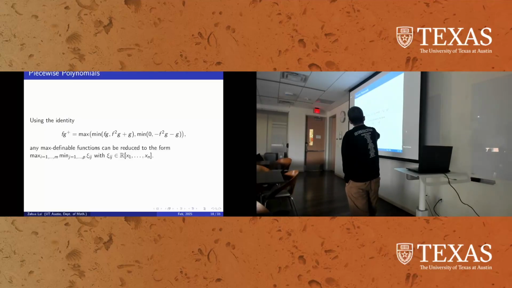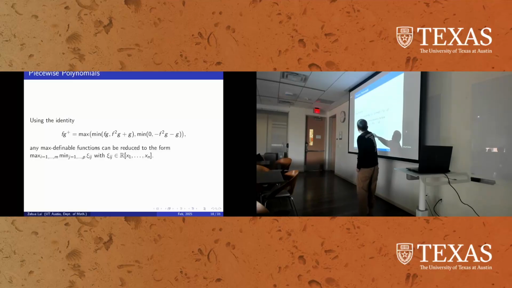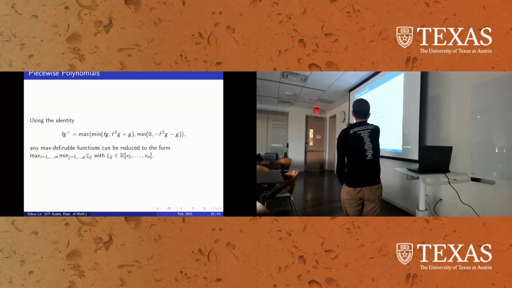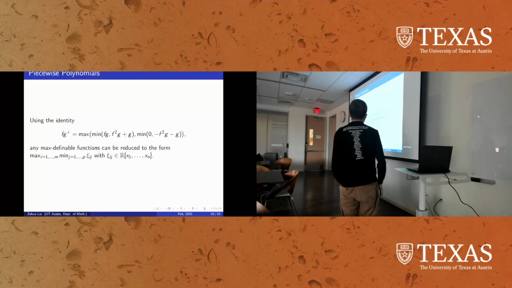So using this, we can move all maximums outside of multiplication. You can do an induction and prove that any max definable function can be reduced to an easier form, that is, a maximum and minimum of a bunch of polynomials. It's not an arbitrary composition; it has a somehow easier canonical form.